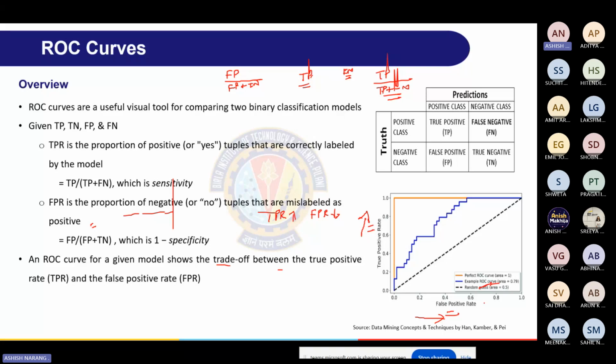What is the maximum value of TPR? From the graph, what is the maximum value of TPR? I have told you right now. Can somebody quickly comment on this? These are very small things I am asking.